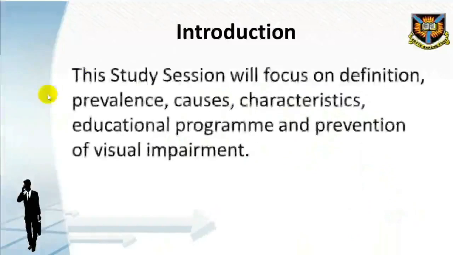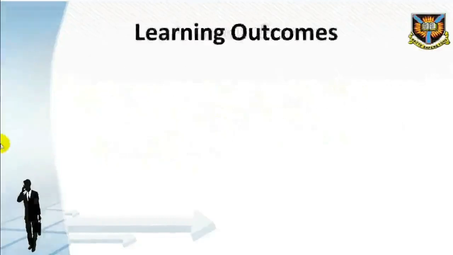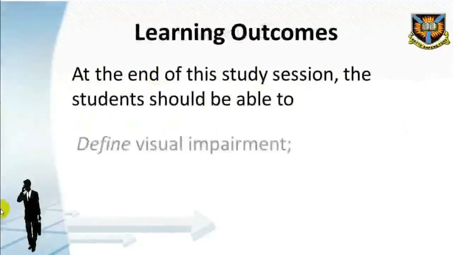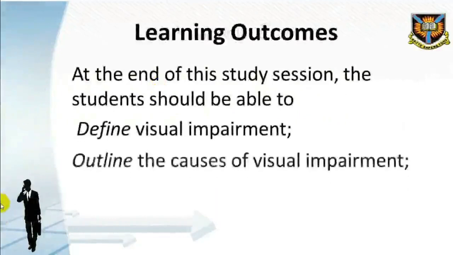This study session will focus on definition, prevalence, causes, characteristics, educational program, and prevention of visual impairment. Learning outcomes. When you have studied this session, you should be able to: 1. Point out visual impairment. 2.